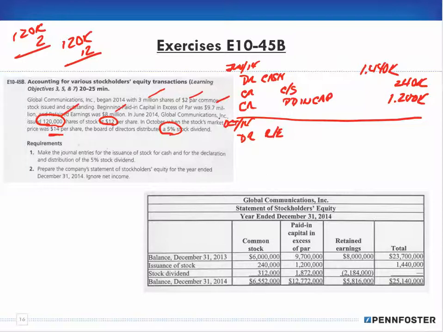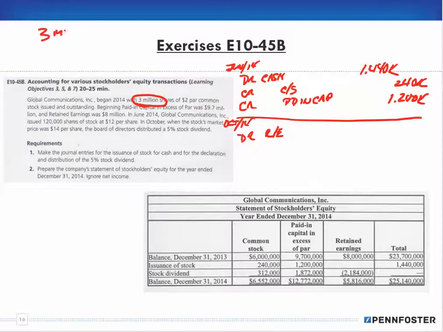is going to be, okay, so let's look here. So we started out with 3 million shares at the beginning of 2014.